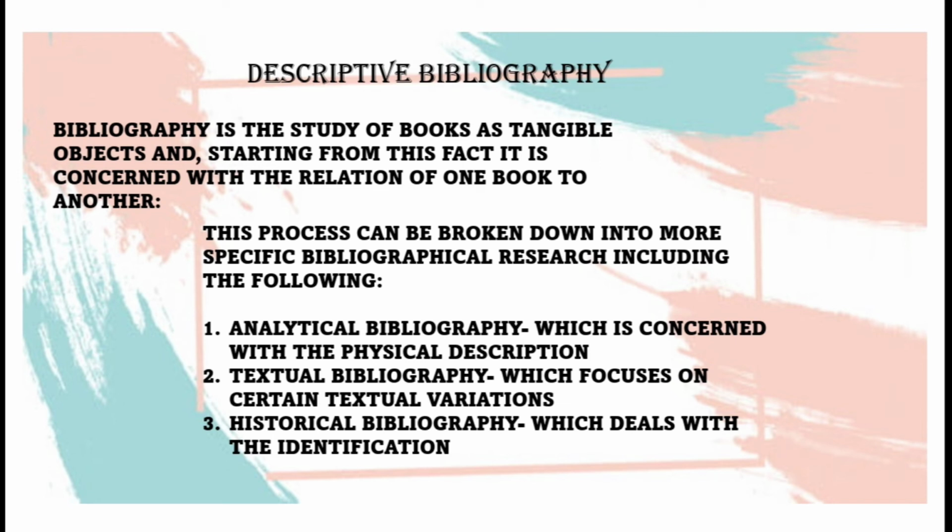This process can be broken down into more specific bibliographical research, including the following. 1. Analytical bibliography, which is concerned with the physical description. 2. Textual bibliography, which focuses on certain textual variations. 3. Historical bibliography, which deals with the identification.